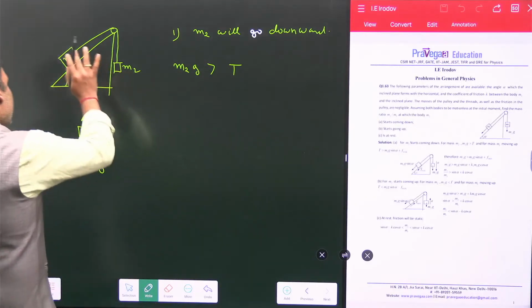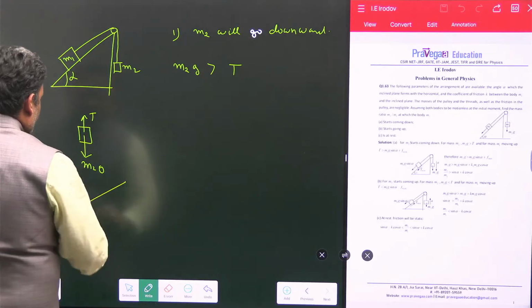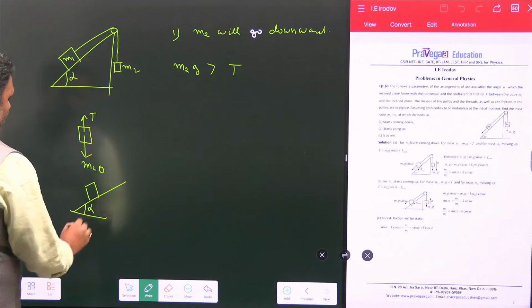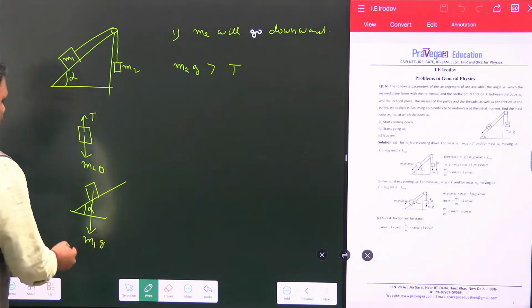Now, what is the condition on m1? This is my particle, this is my angle alpha. The weight is m1g.